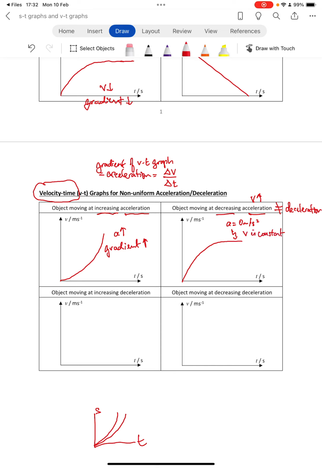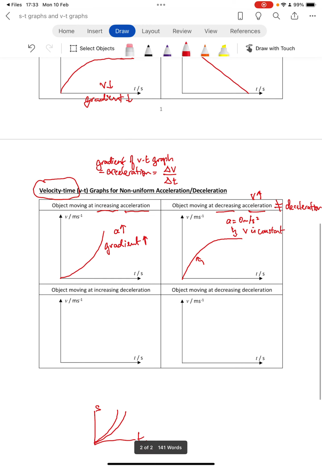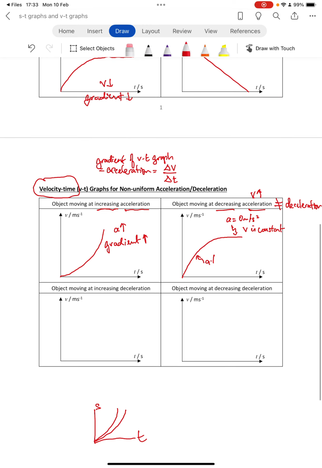All right. So over here, the acceleration is decreasing. So the gradient is decreasing. All right, remember that the gradient of a VT graph is acceleration. So when the acceleration decreases, the gradient decreases.